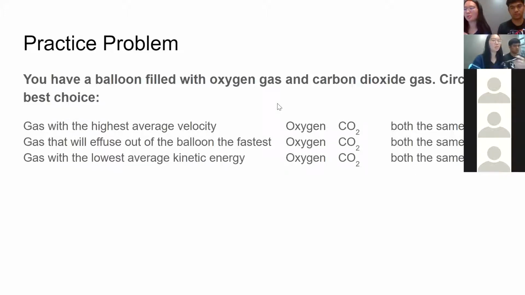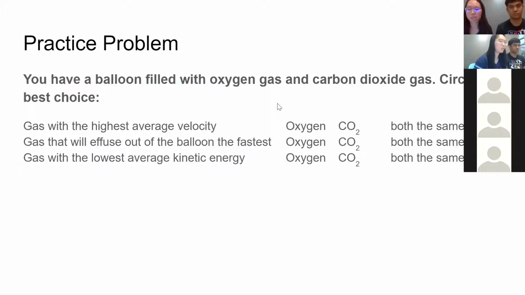So pretend oxygen gas was in a different balloon, and CO2 was in a different balloon. And pretend CO2 is at 100 degrees and O2 is only at 0 degrees. The gas with more kinetic energy will be CO2.